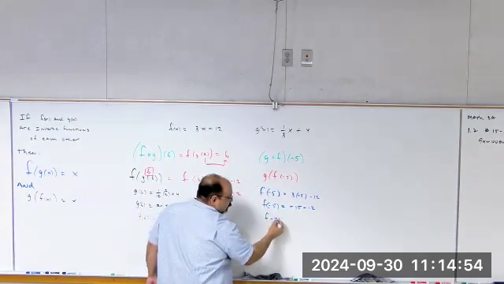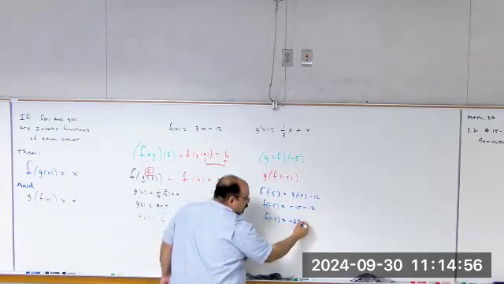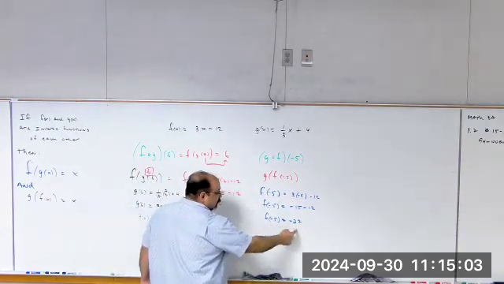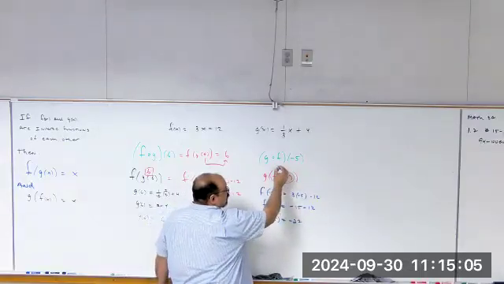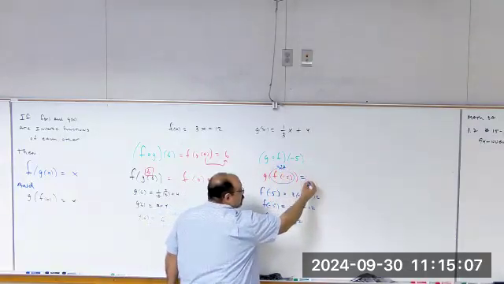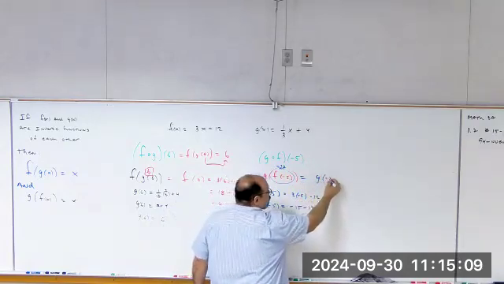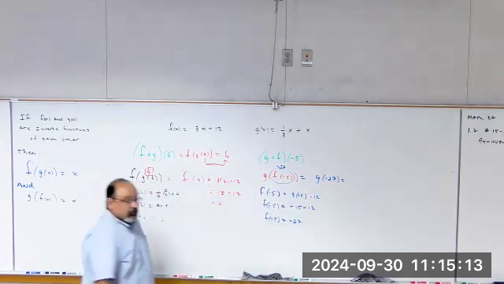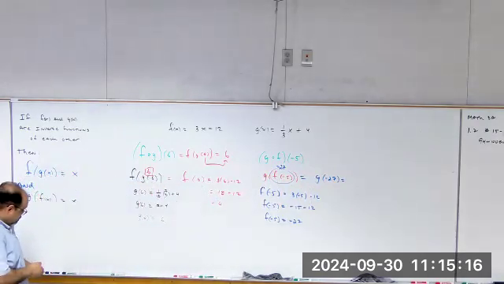So F of -5 is equal to -27. So we plug in -5, we get -27. So this is now -27. So we get G of -27. So we're going to plug that into the G function.